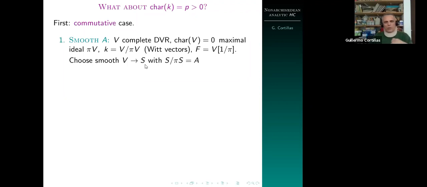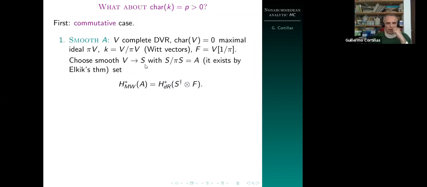Okay, so now we want to define the de Rham theory of our smooth little k-algebra A over little k. And then we choose a smooth lift of A. So we choose a smooth algebra S over V, which reduces to A mod pi. This exists by a theorem of René Elkik.